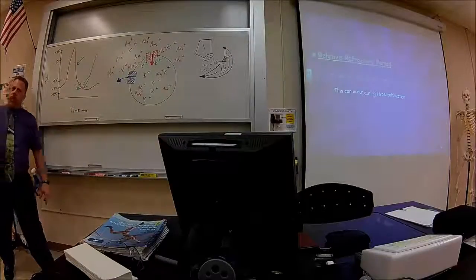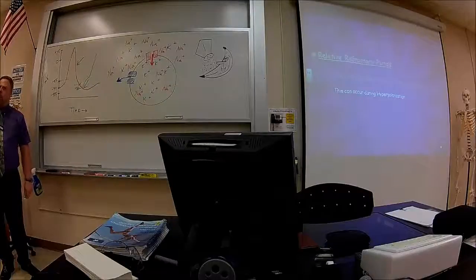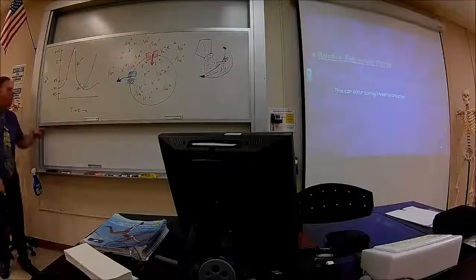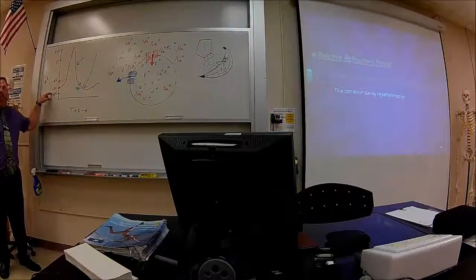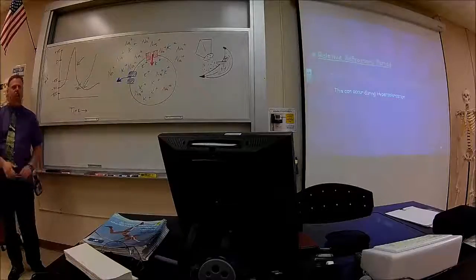You could actually stimulate this cell again and get another action potential, but it's got to be a stronger stimulus than at negative 70, because now you're at negative 80. So you've got to kick it up even further, because it's that much farther away from negative 55.